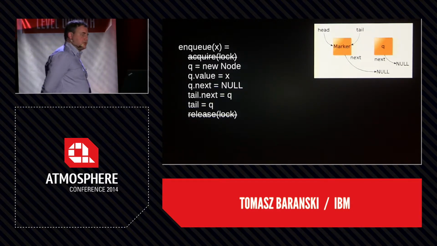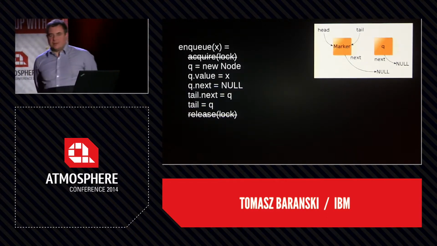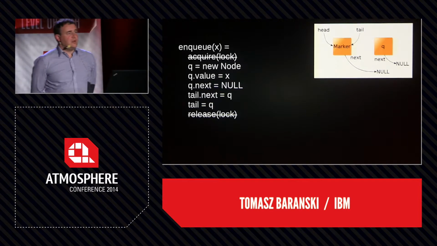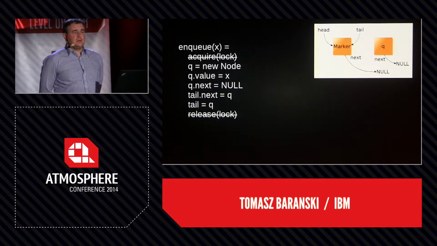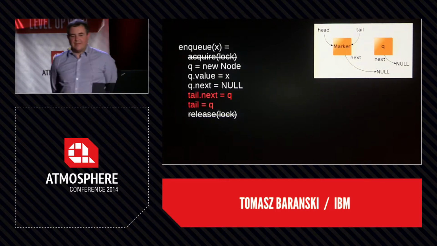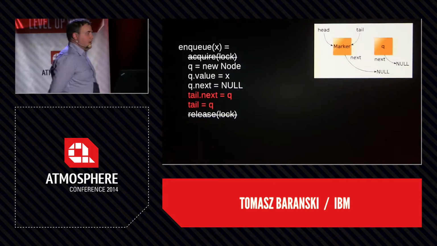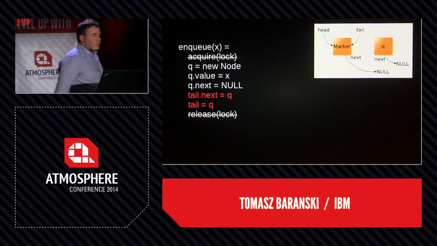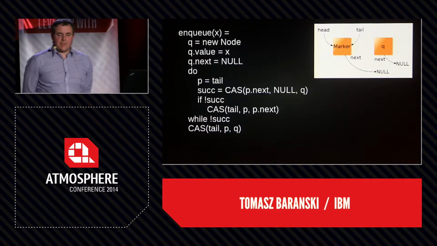Do you know what operations here are susceptible to being interrupted by another thread and are dangerous? Does anybody know? Those two. We create a new node. That is thread local for us, so we don't care. But tail next and tail, writing to those variables can be interrupted by other threads, and it will lead to inconsistency.